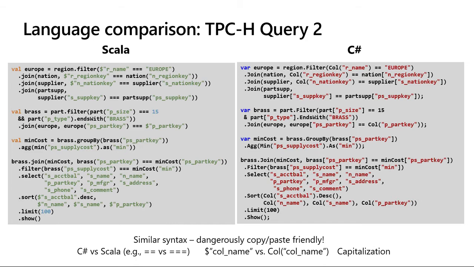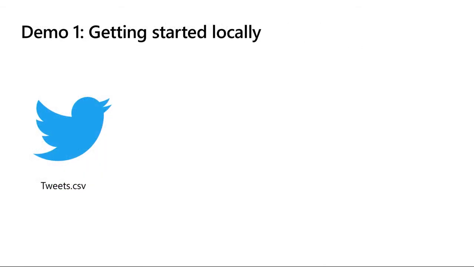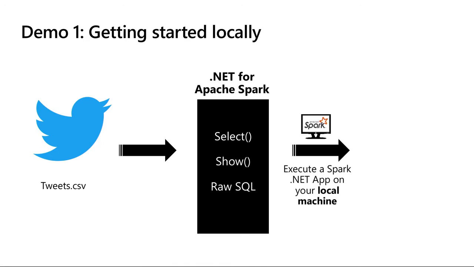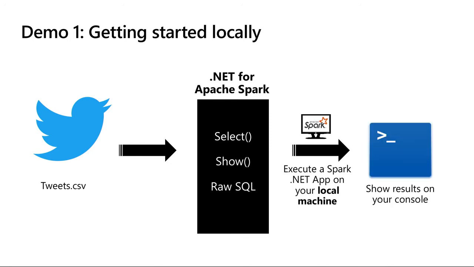So now let me show you quickly the demos. In the first demo, I take a tweet file that I downloaded about my tweets, and I use a .NET for Apache Spark program, and then I execute that on my local machine, and I basically show the result on my console.